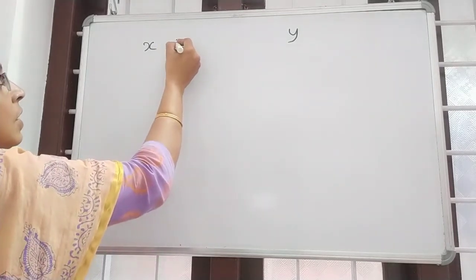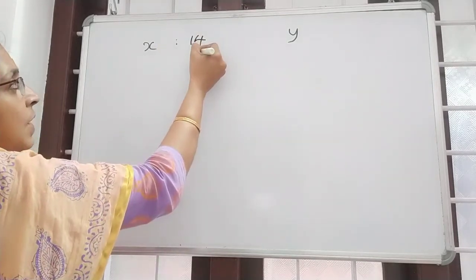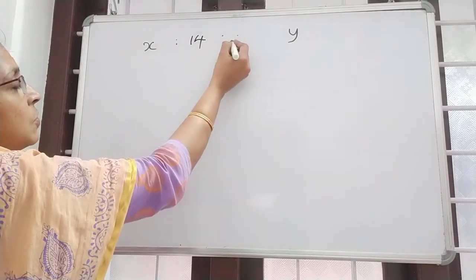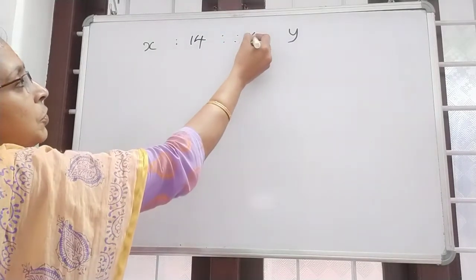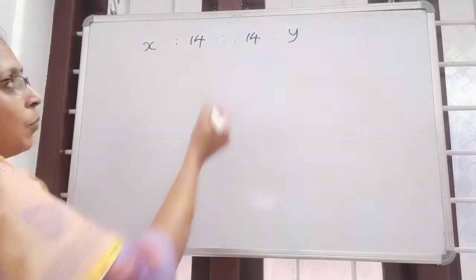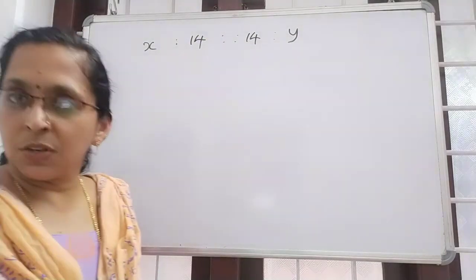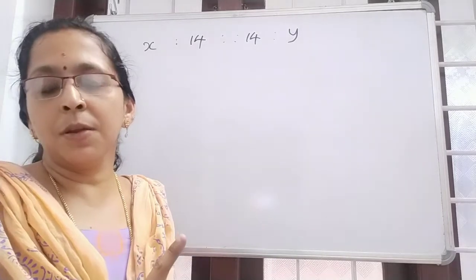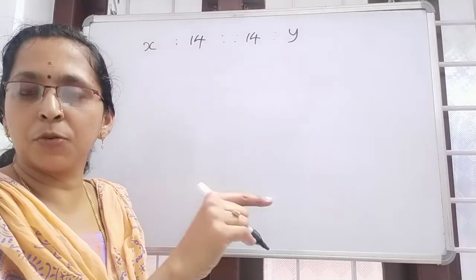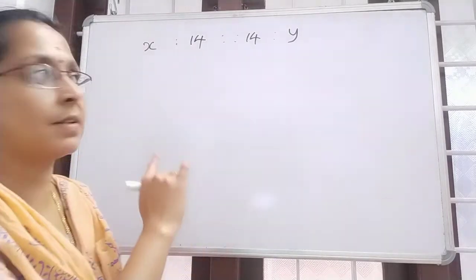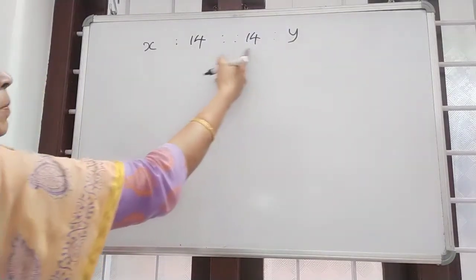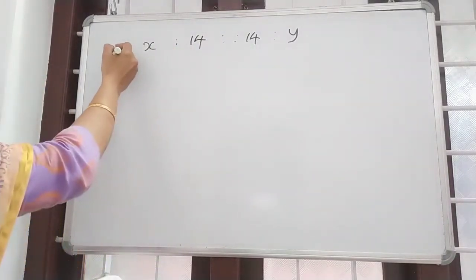First condition, the mean proportion is given as 14, means x is to 14 as 14 is to y. We can write it this way.